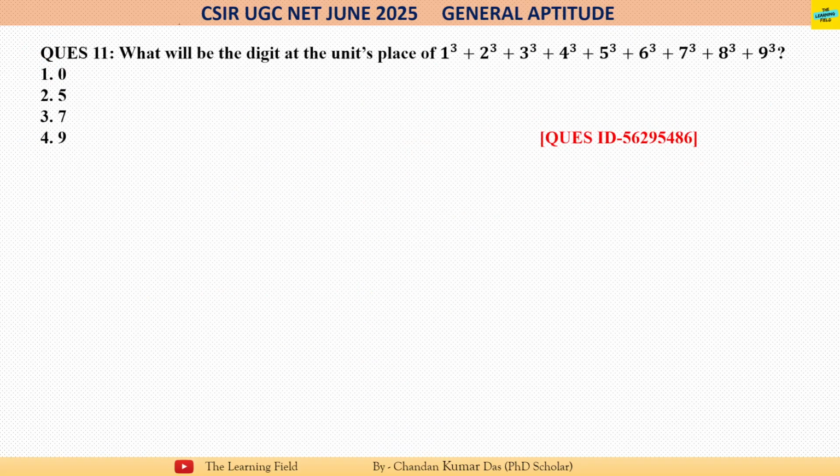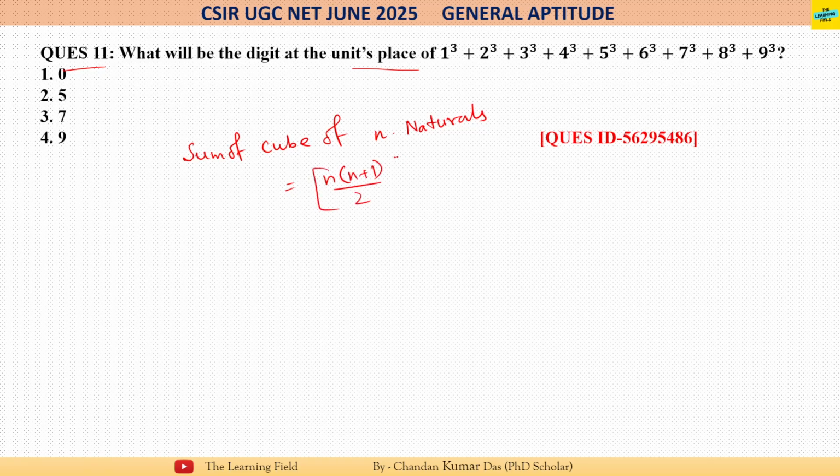Next question. 11. What is the unit digit, the unit place, of this sum? So this is basically the sum of cubes of n natural numbers. We know the formula: sum of cubes of n naturals is equal to n into n plus 1 by 2, whole square. So here n equal to 9.